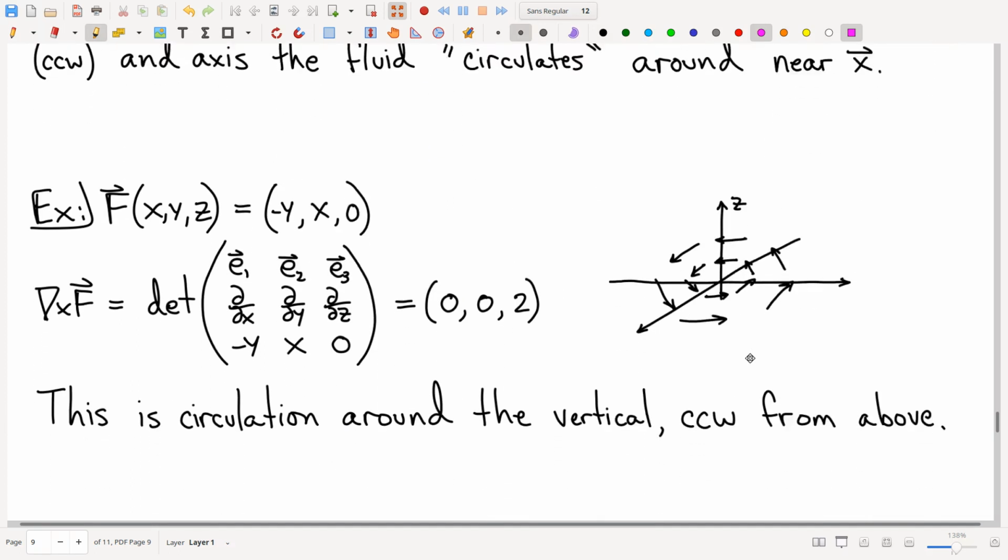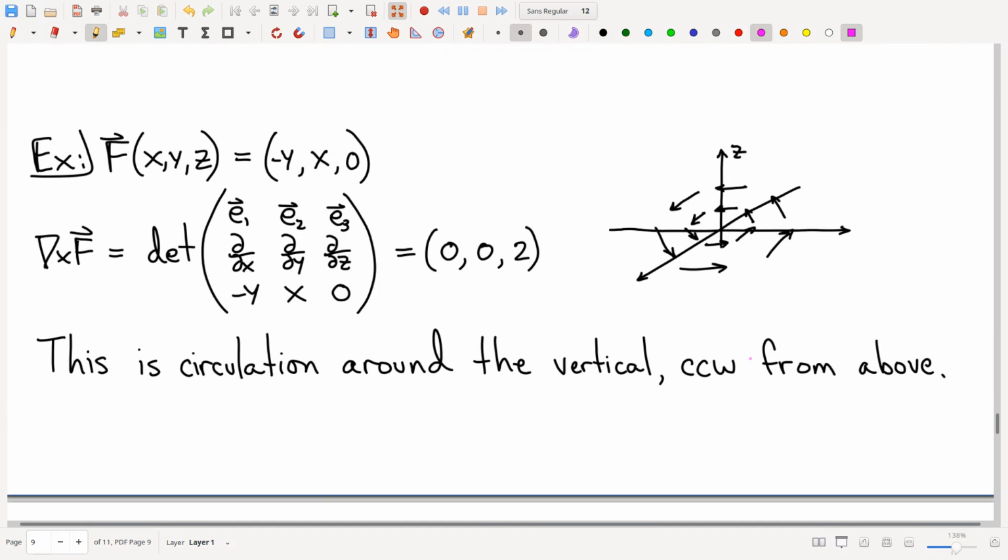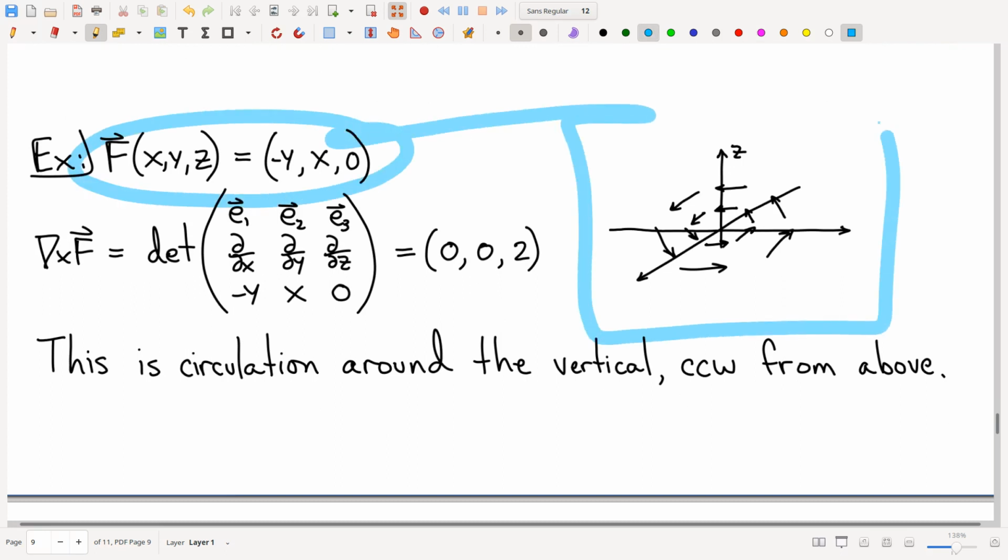Okay, so an example. Again, here is a vector field. This is closely connected to a vector field that we talked about previously. This is kind of a three-dimensional version, if you will. Notice this is three-dimensional because this is defined in three variables, x, y, and z. Notice that whole kind of rotating thing that we recall from the negative y comma x that we saw in an older example.